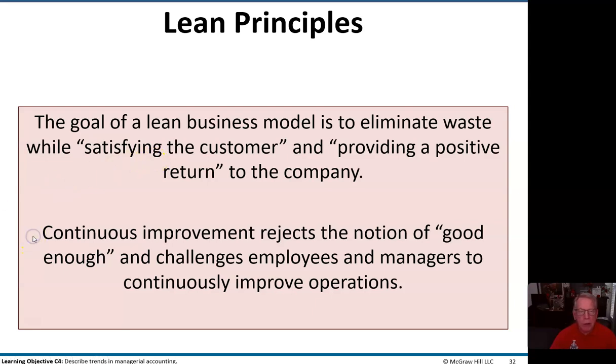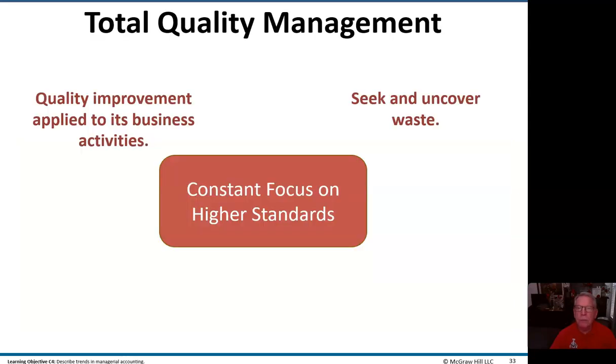Continuous improvement rejects the notion of good enough and challenges employees and managers to continuously improve operations. This particular mindset has been especially prevalent in the manufacturing environment over the last 10, 15 years.